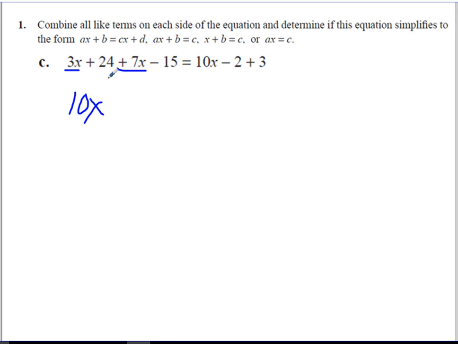And then we have 24, and we're combining it with a minus 15, so 24 minus 15, or we can think of it as 24 plus a negative 15 if we wanted to. And that's a positive 9, so we'll put plus 9 here. And that equals, we see a 10x on the left-hand side with nothing to combine it with.